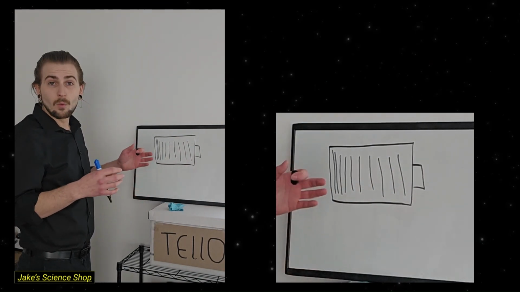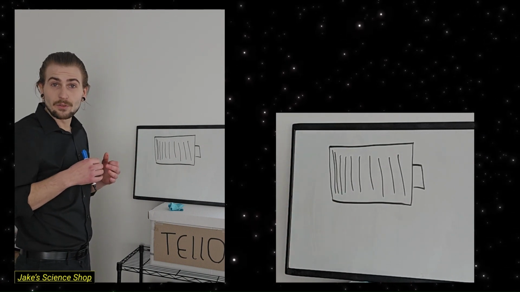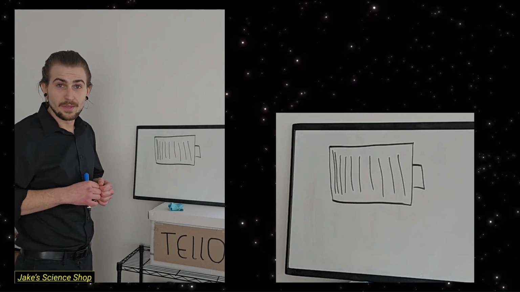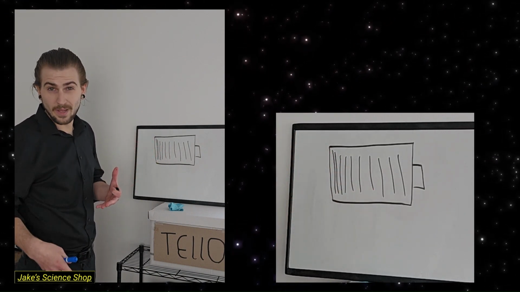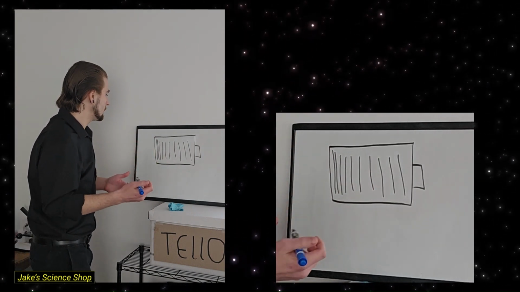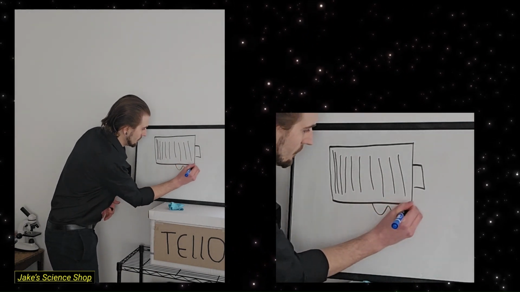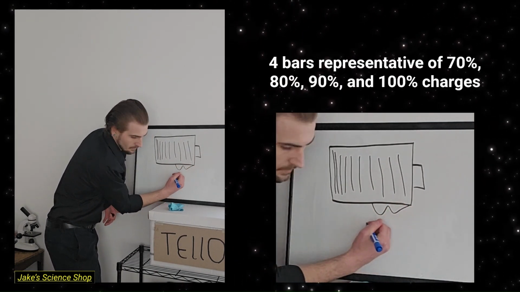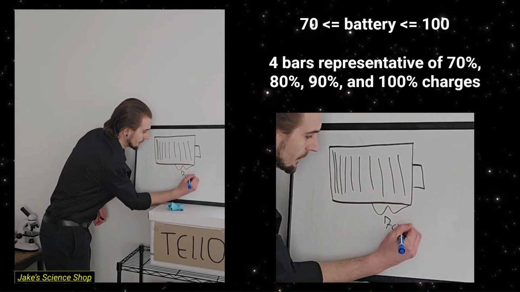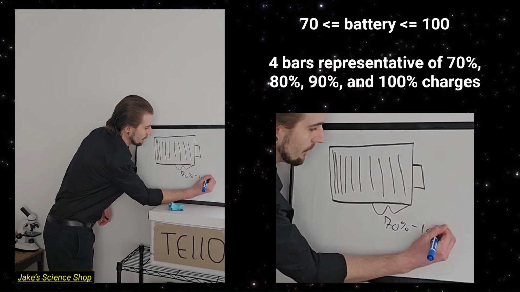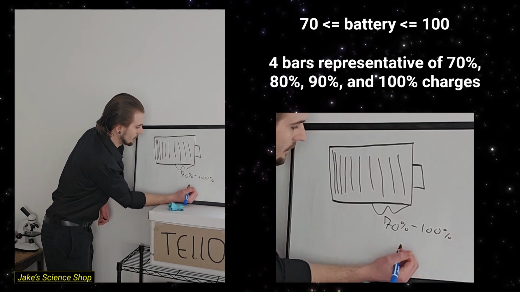Now, I want to color the bars according to what the current percentage is. This way, we have that kind of similarity between what we see on our phone batteries and whatnot. So let's take this first 4. This will be between, let's see, 70% battery and 100% battery, and it's gonna be 4 bars.